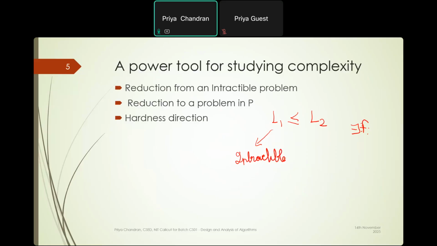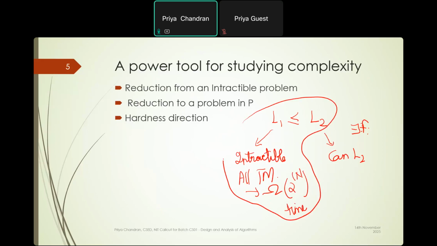Intractable means that all Turing machines to solve it would take a lower bound of 2 raised to x time. Now, what would happen? Can we have L2 belonging to P? Just take it that this is given, this is the truth. Can L2 belong to P is the question.